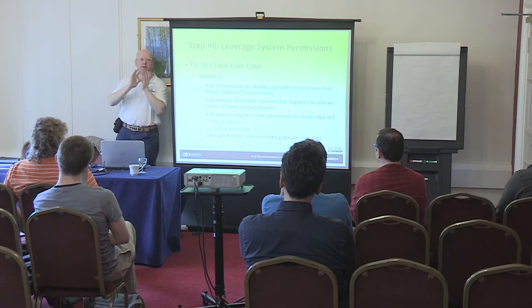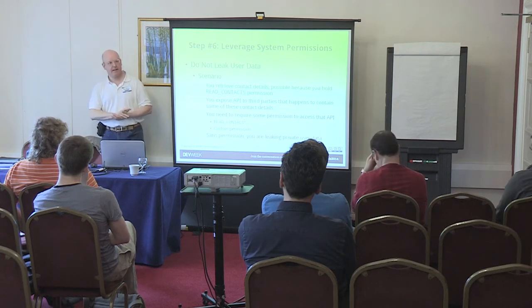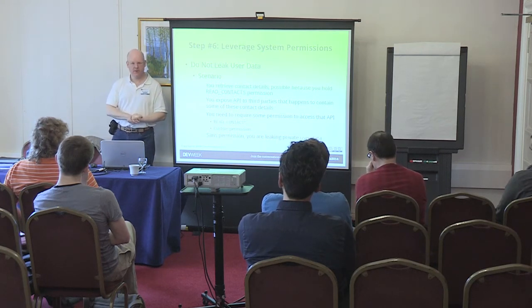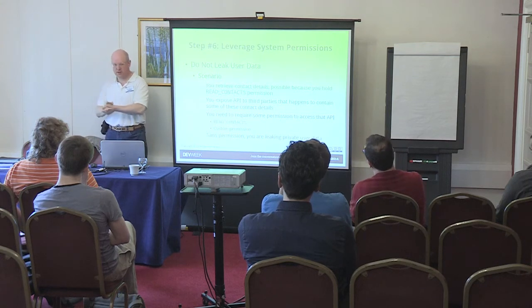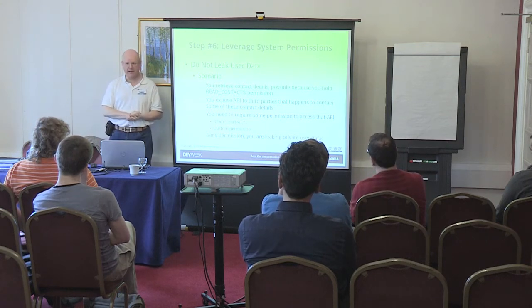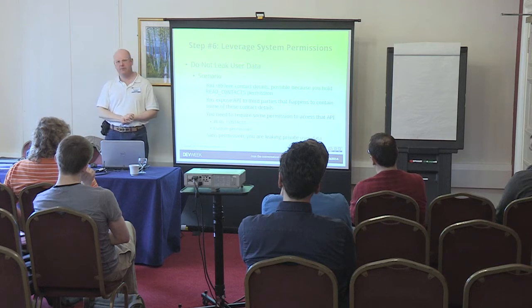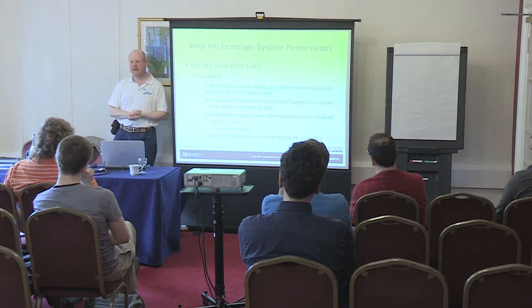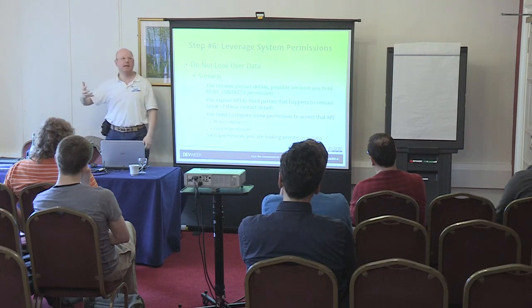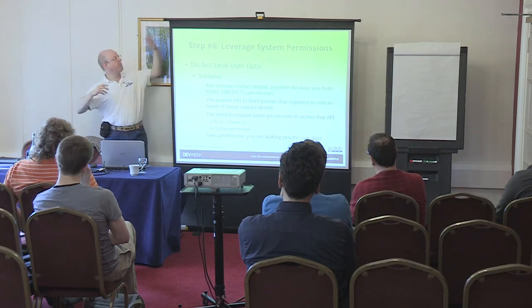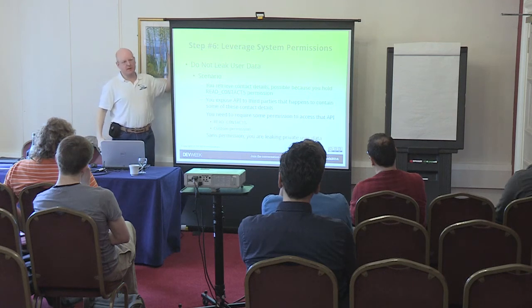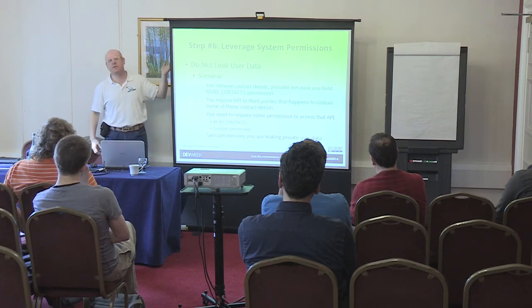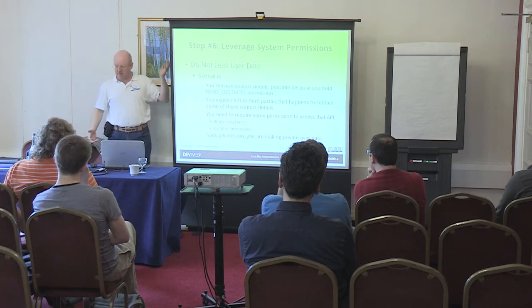If you are retrieving data that is protected by system permissions and you in turn are publishing that data through your own API, please turn around and secure your APIs with permissions themselves. Otherwise, you're going to wind up leaking data. You go get contact information. You make some of that contact information available through, say, a bound service or your own content provider. Somebody figures that out.